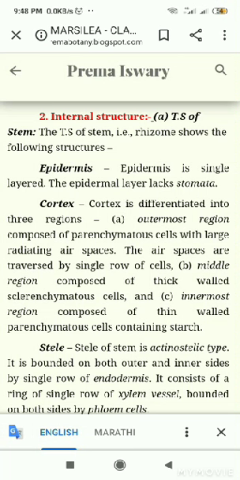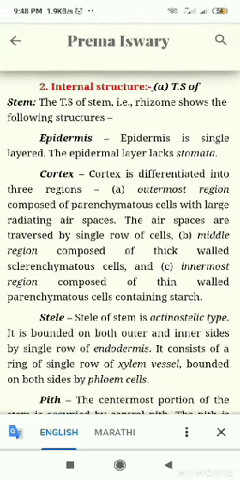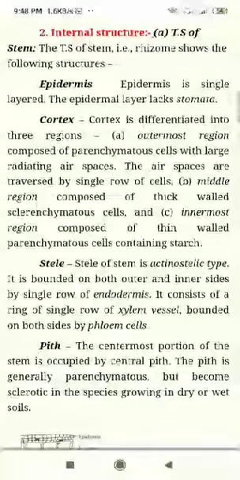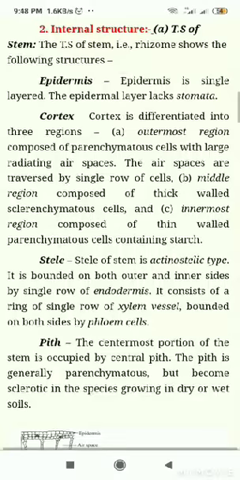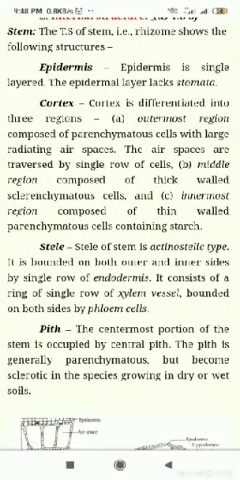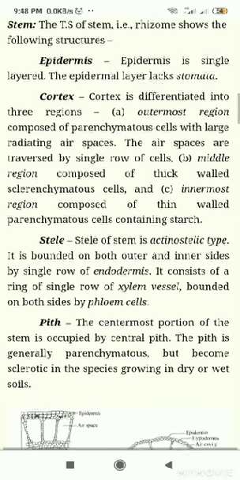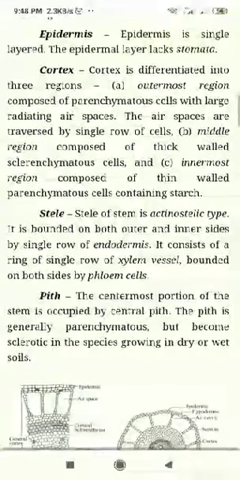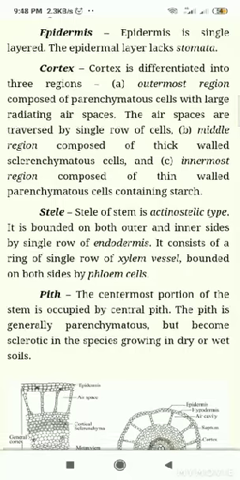First of all, the TS of stem, that is, the rhizome, shows the following characters. The epidermis is a single layer. The epidermal layer lacks stomata, and below the epidermis there is the cortex.